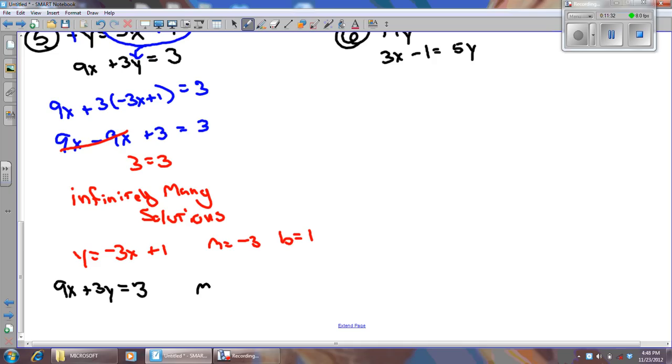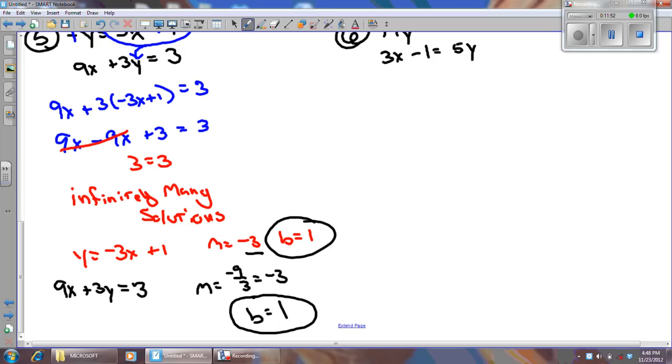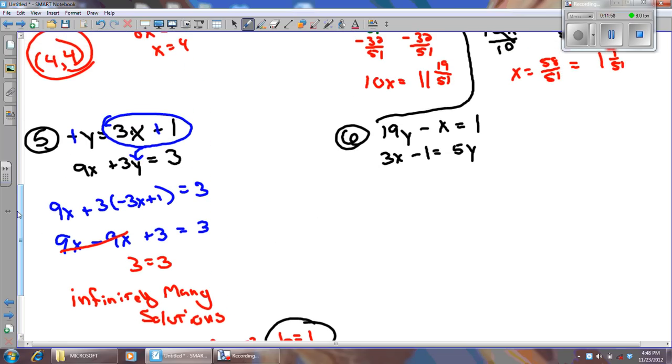The slope is going to be negative a over b, or negative 9 over 3, which simplifies to negative 3. They have the same slope, right? The y-intercept is c over b, which is 1. If we have the same y-intercept and the same slope, don't they have to be the same line? Right, so we say this system has infinitely many solutions.